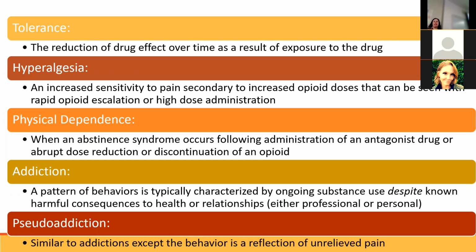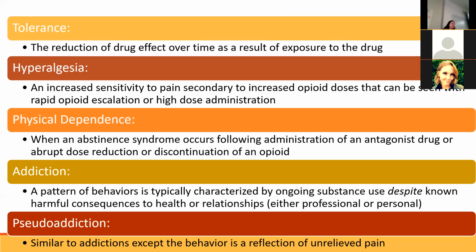Hyperalgesia: as opioid doses increase over time, patients may become more sensitive to pain, especially if doses are increased too quickly or are at very high doses. And then there's a lot of pain with very little stimulus.